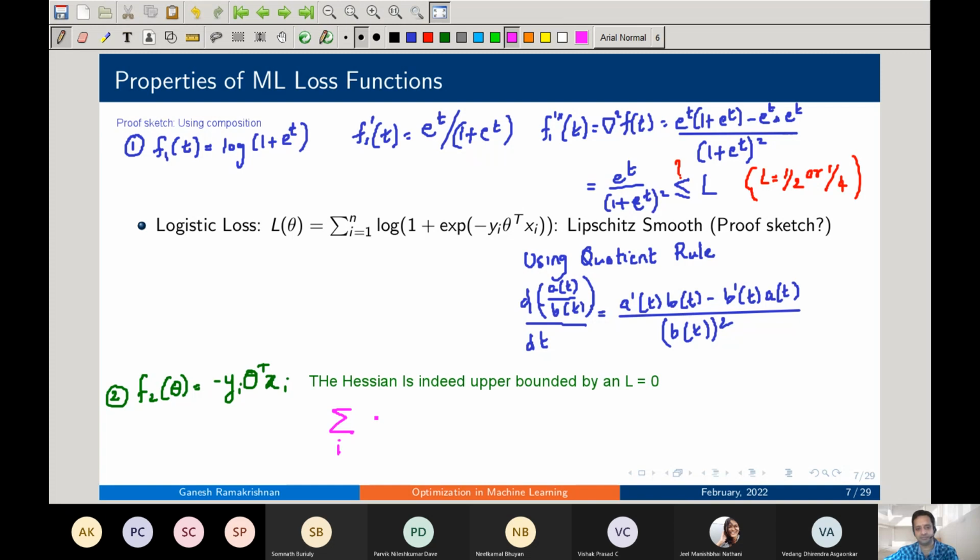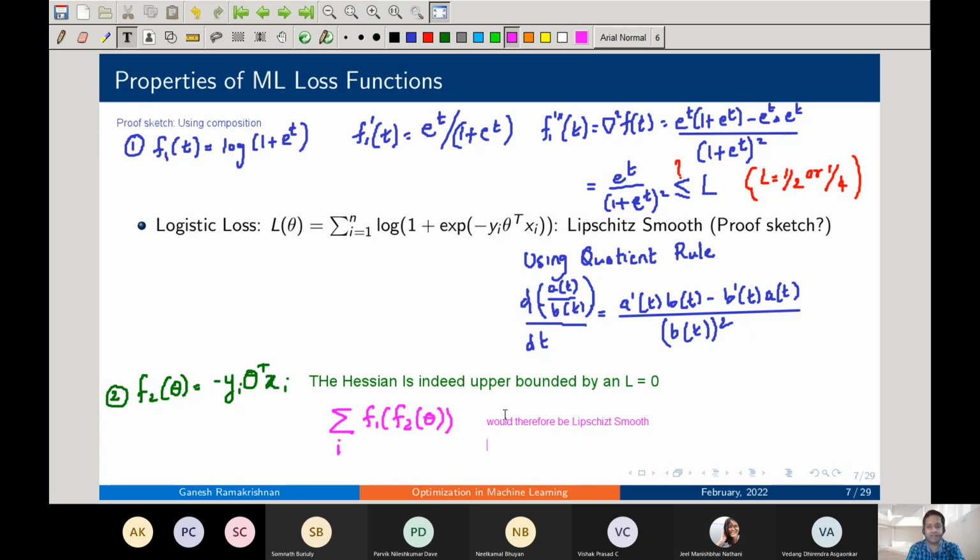So this is nothing but f1 of f2 theta for different values of i's and y's. Would therefore be Lipschitz smooth. Is it also convex?